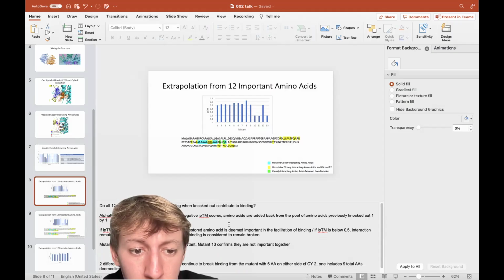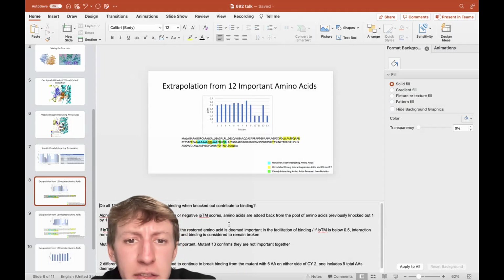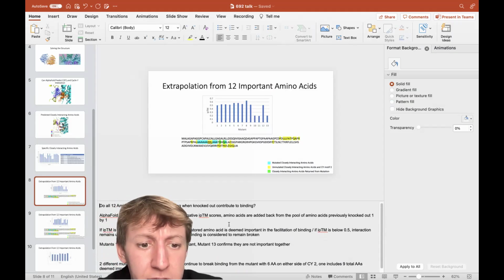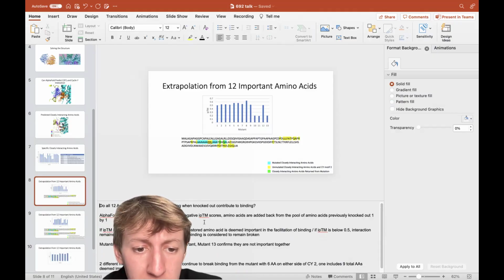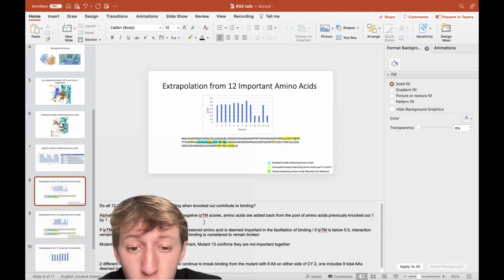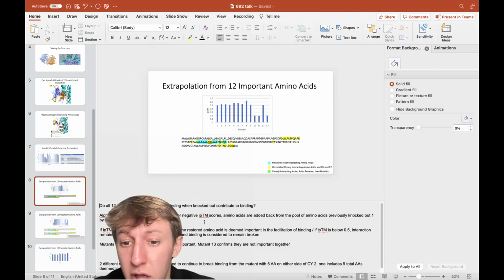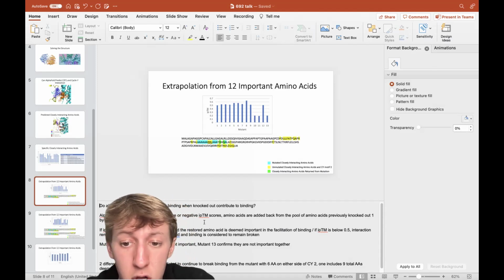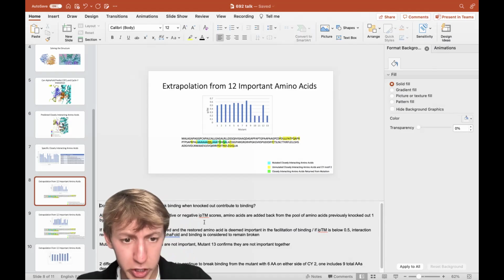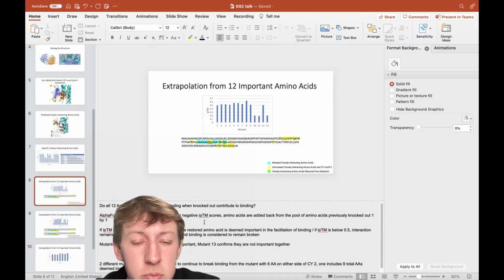And so, quantifying these results, if the IPTM score is above 0.5, then binding is considered to be restored, and this amino acid is considered to be important to facilitate binding. Now, if the IPTM score remains below 0.5, as in mutant 12 from the last slide, the interaction remains unable to be predicted in AlphaFold, and the binding is still considered broken.